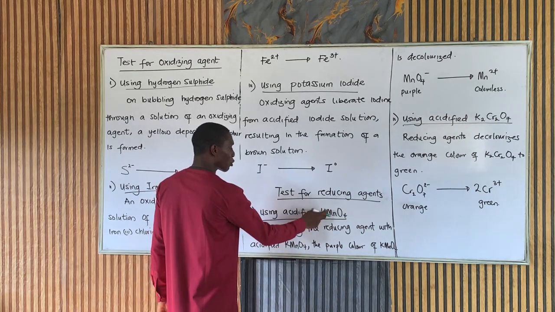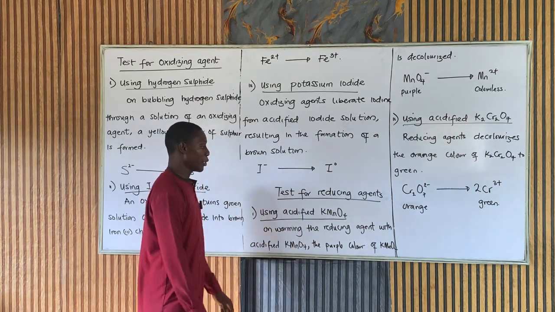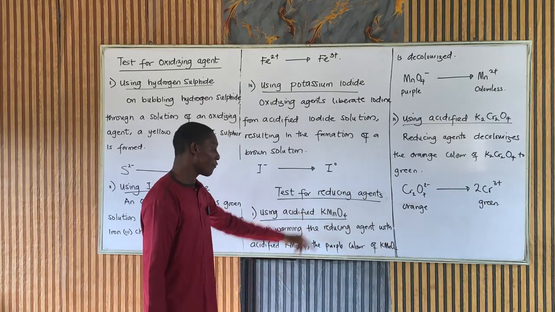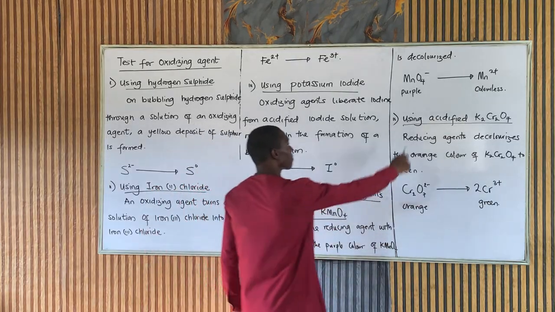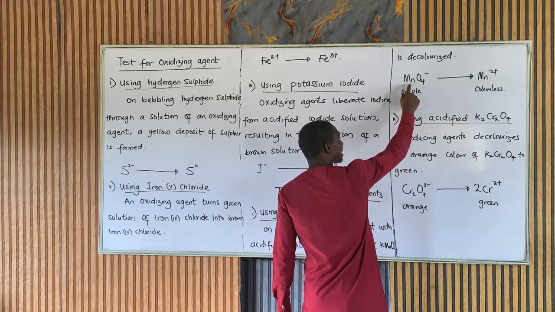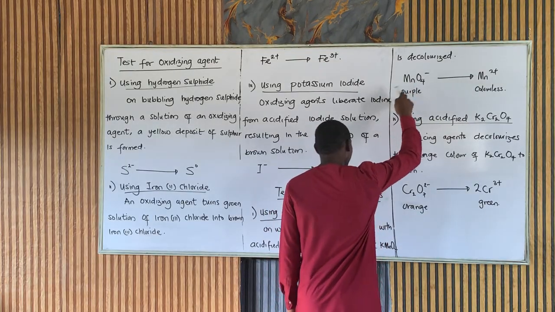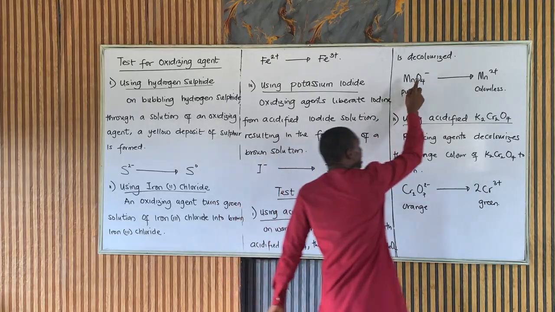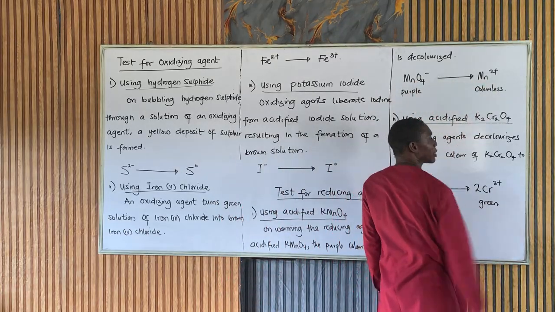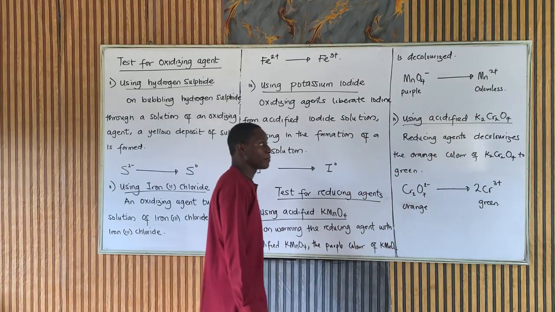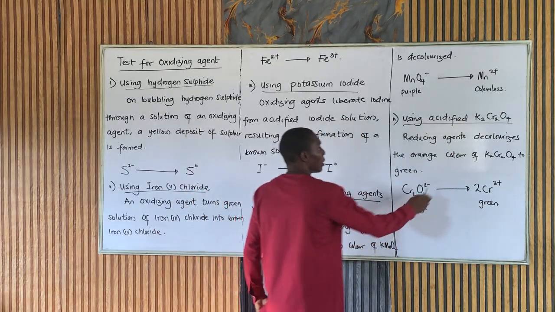If you add this to a reducing agent, it decolorises the purple color of KMnO4. That's because the manganate 7 has a purple color, and the moment it's added to a reducing agent, it changes from manganate 7 to manganate 2, which is colorless.